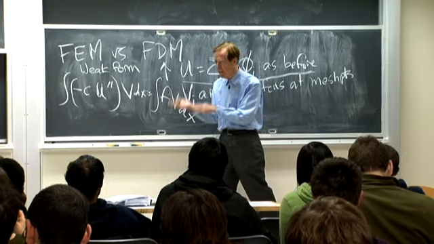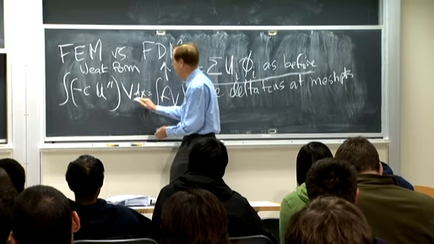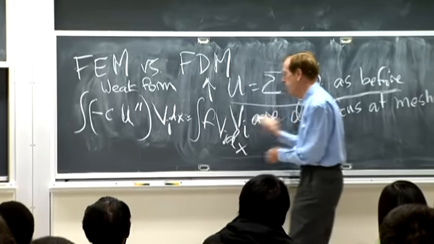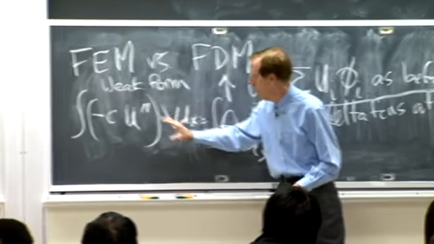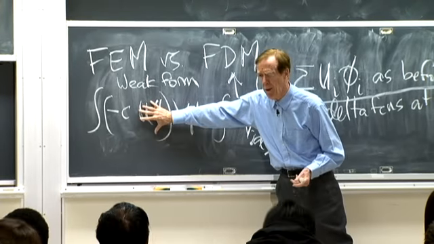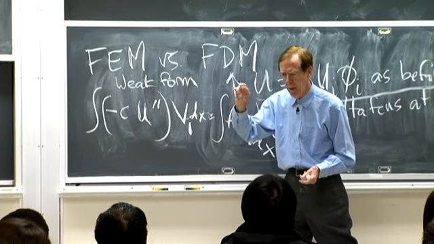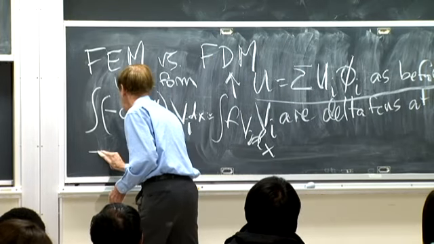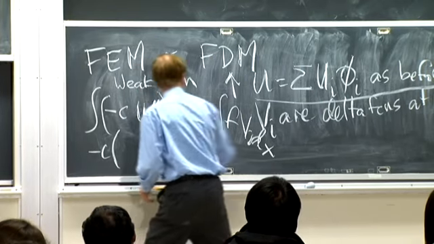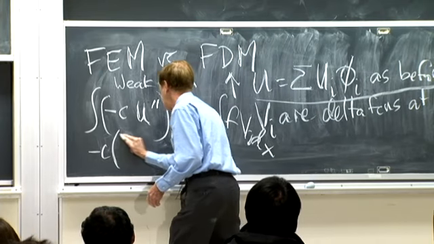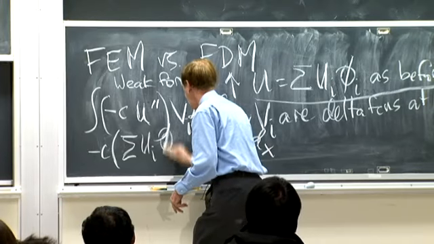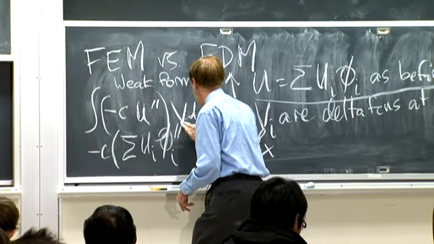If v_i is the delta function at a particular mesh point i, I get, as always, the value of that at i. So I'll get minus c u double prime will be this sum of u_i's, the unknown constants, times the phi_i double prime.